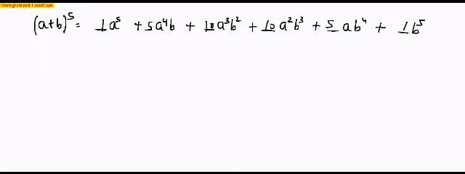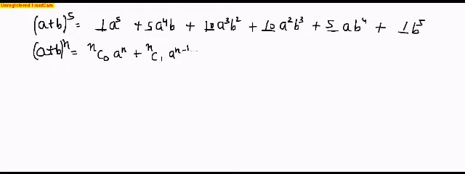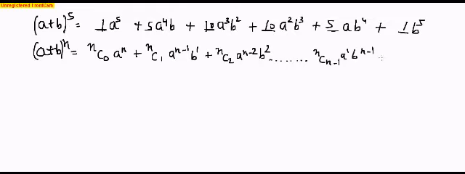So the final definition of binomial theorem is that an expression a plus b whole to the power n, where n is a natural number, can be expressed as nC0 a to the power n plus nC1 a to the power n minus 1 b to the power 1 plus nC2 a to the power n minus 2 b square, so on till nC(n minus 1) a to the power 1 b to the power n minus 1 plus nCn b to the power n.